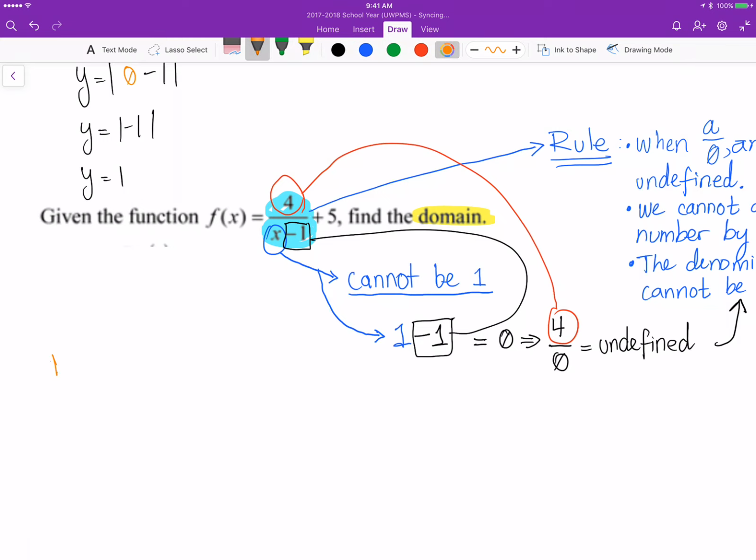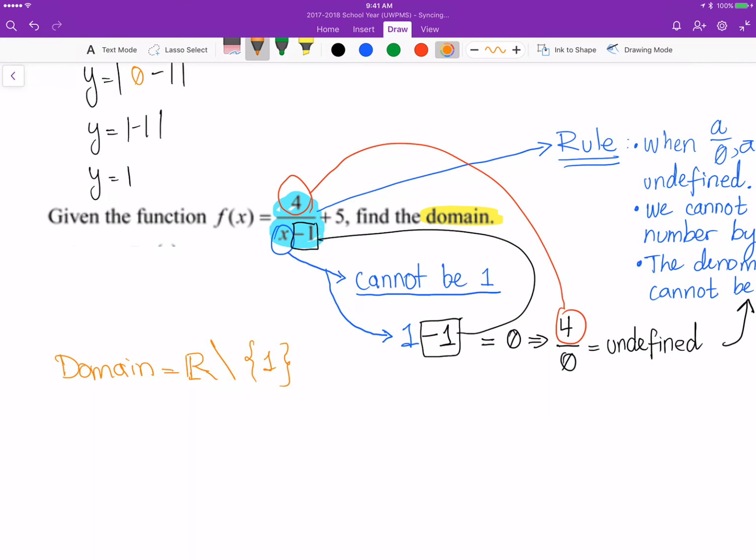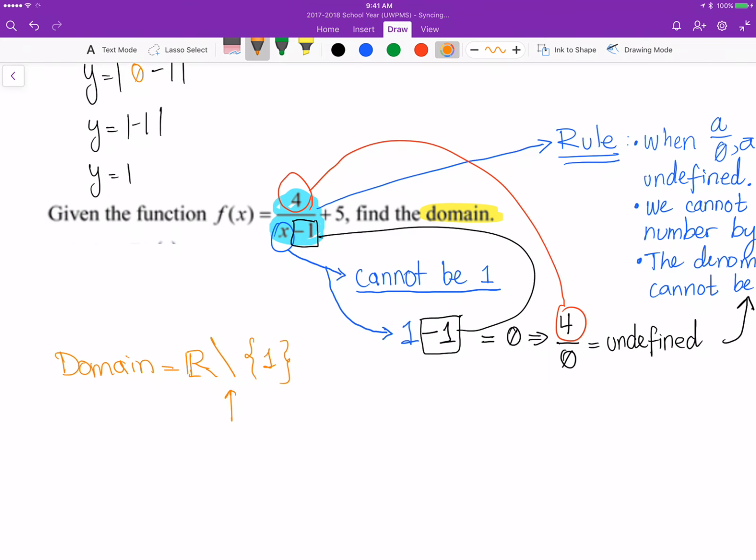So my domain equals all real numbers, with the exception of 1. With the exception of 1 in math terms.